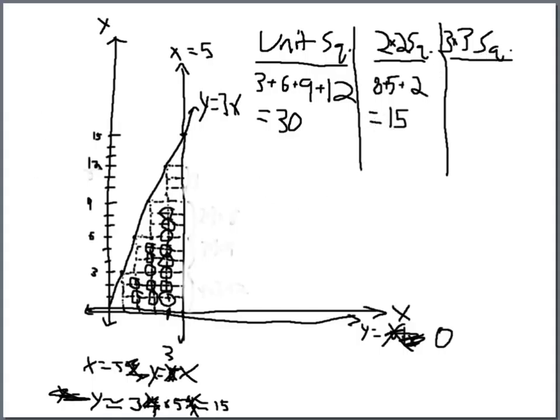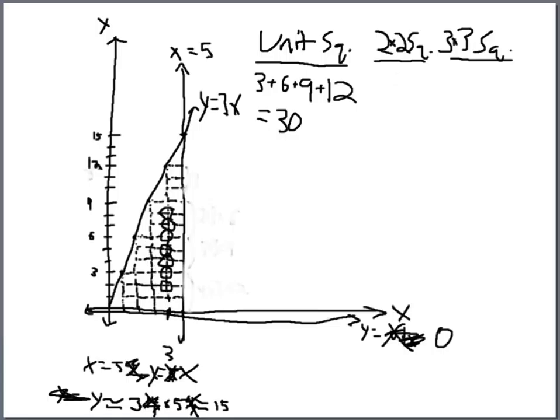And at last, our final one is going to be 3 by 3 squares. Oh no, I don't know how I'm going to count this. So we have 8 plus 5 plus 2 right over here, which is equal to 15.